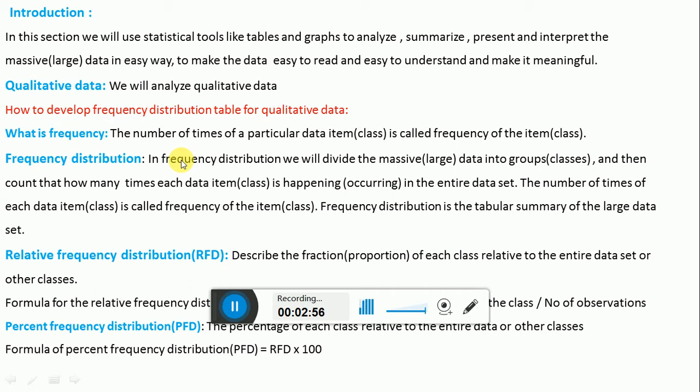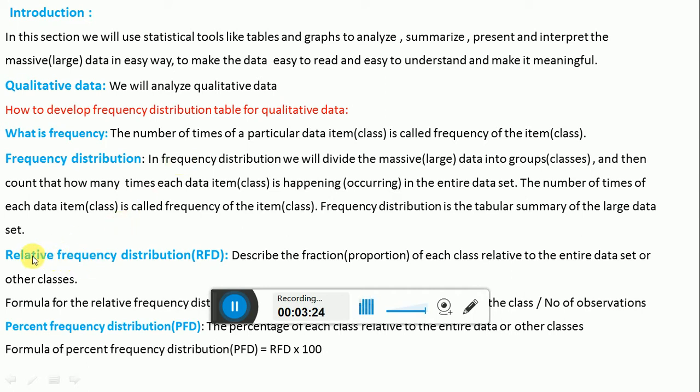In the frequency distribution, we divide the large data into groups, and then we count how many times each group occurs in the entire data set. The number of times of each group is called frequency, and this is the way to make the data easy to understand, meaningful, and to analyze and summarize the data.